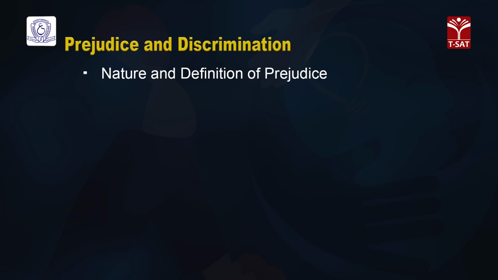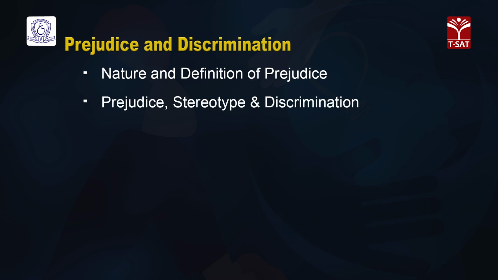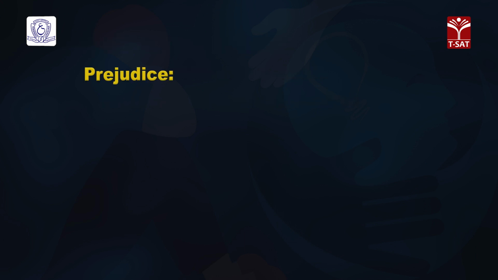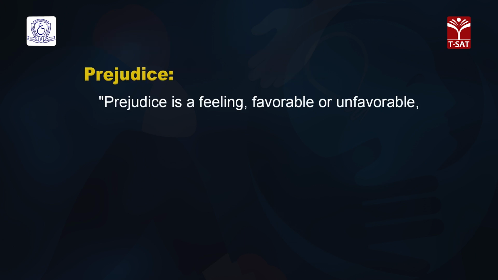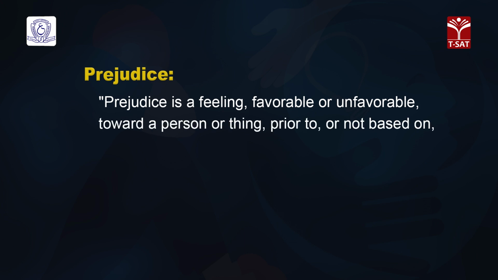So now we look at the differences between prejudice, stereotyping, and discrimination, and how prejudice is different from the other two. Coming to prejudice, according to Gordon Allport, prejudice is a feeling which is favorable or unfavorable toward a person or thing, prior to or not based on actual experience.